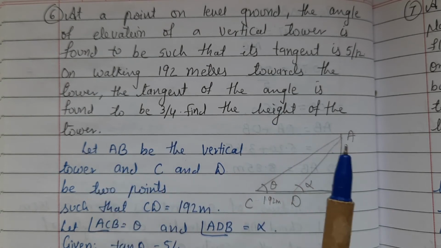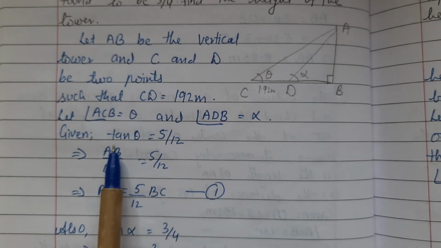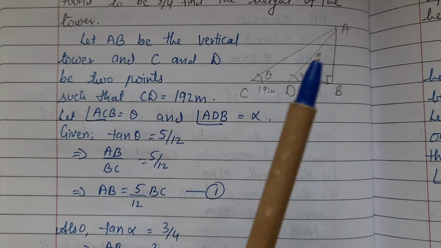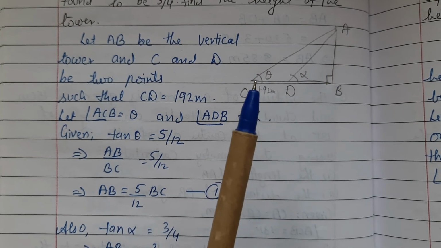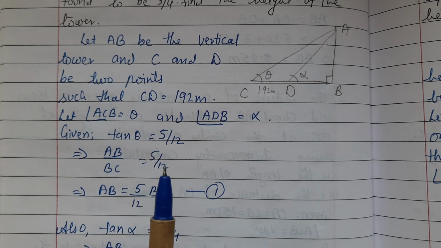Let AB be the vertical tower and C and D be the 2 points such that CD equal to 192 meters. Let angle ACB be equal to theta. Let angle ADB equal to alpha. Given tan theta is equal to 5 upon 12. Tan theta is AB upon BC equal to 5 upon 12. Therefore, AB is equal to 5 upon 12 BC. Let that be equation 1.